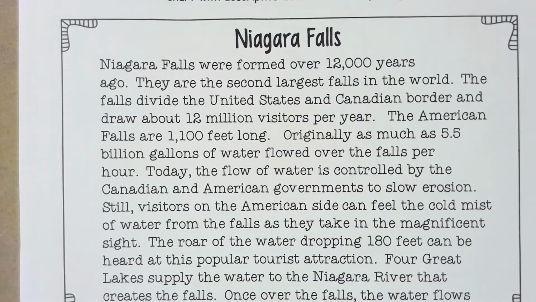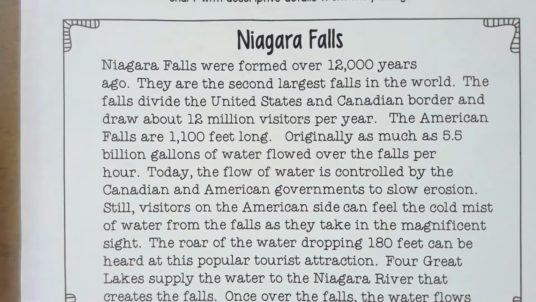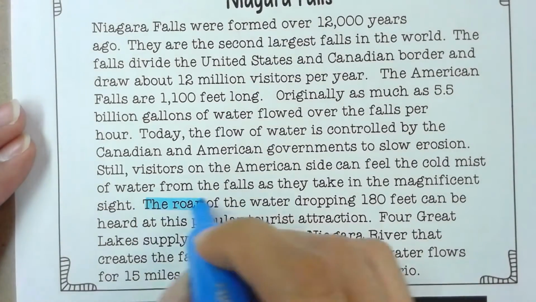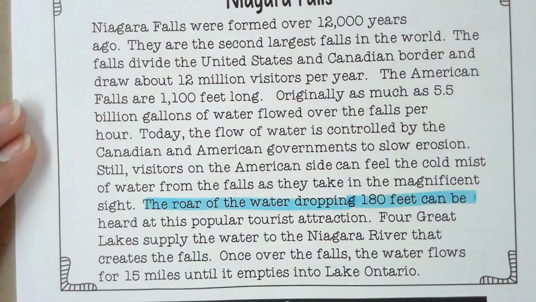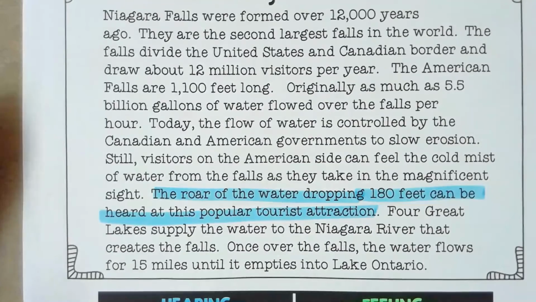He used 3 senses, and he included facts and details about Niagara Falls, the specific topic, so we can visualize this information. So please get your blue highlighter, and we're going to highlight the roar of the water dropping 180 feet can be heard at this popular tourist attraction.